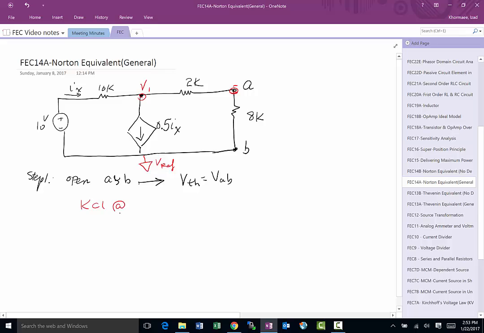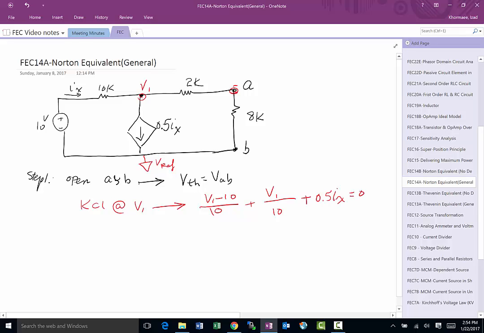So we do a KCL at V1, and if we do that, we're going to have V1 minus 10 divided by 10, and I'm going to use volts, kilo ohms, and milliamps. This way I don't have to carry a lot of zeros with me, plus V1 divided by 10 plus 0.5 Ix equal to 0.